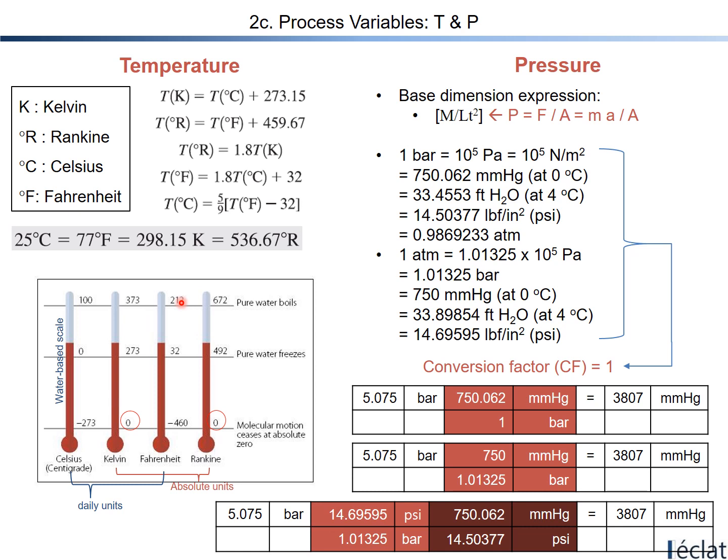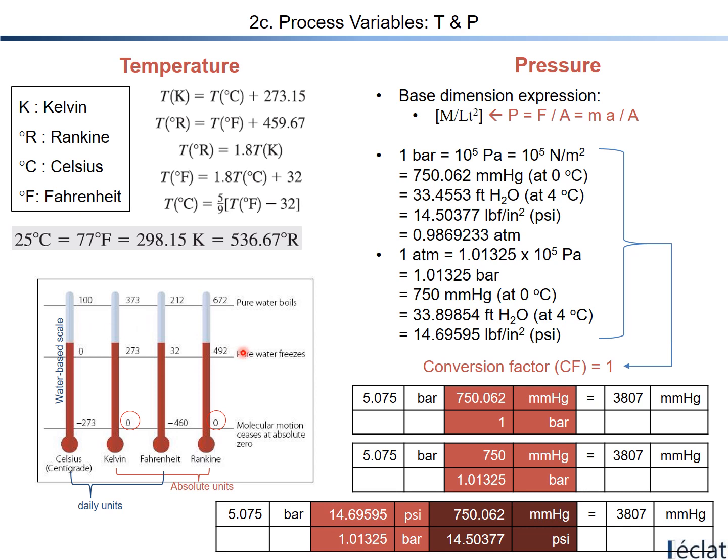So let me get the temperature difference of those 2 points: 180. So the unit scale of Fahrenheit is smaller than the unit scale of Celsius. That is to say, delta 1 Fahrenheit is smaller than delta 1 Celsius.